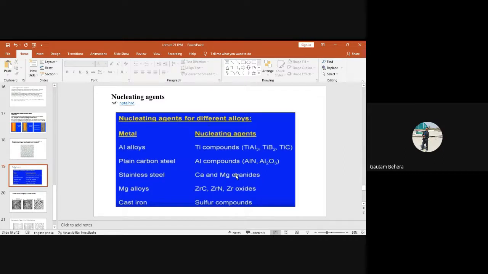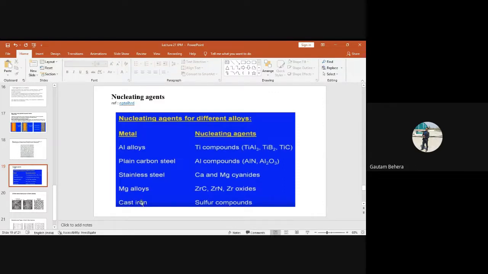Any questions you have? Okay, these are the nucleating agents technically used in the industry. For a particular alloy, we use a particular kind of nucleating agent. We cannot randomly use any kind of nucleating agent, right? Or inoculants. For aluminum alloys, we are using titanium compounds like TiAl3, TiB2, titanium carbide, titanium diboride, titanium aluminide, right?